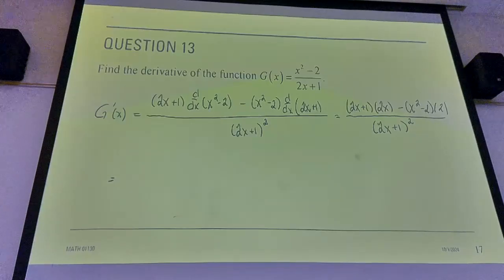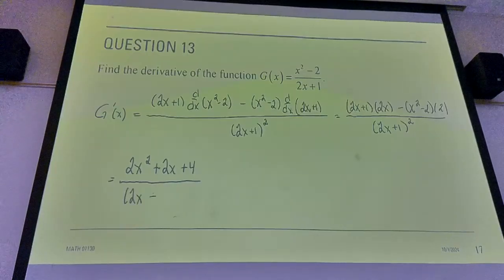Get a 2x with no other x terms, right? And a plus 4. Can that simplify any further?